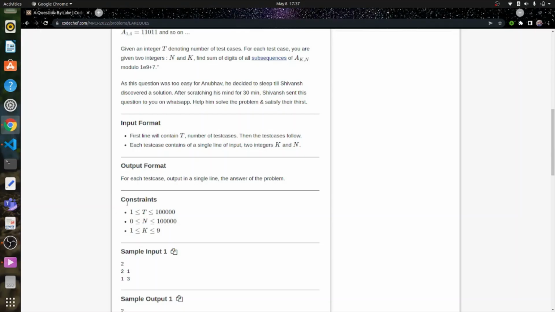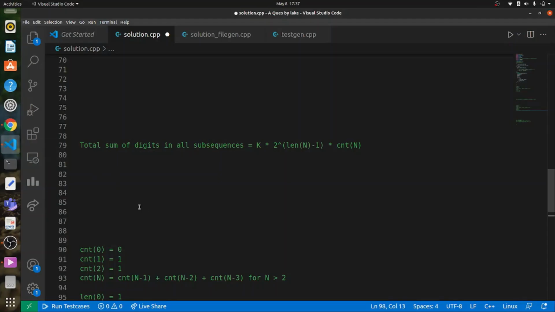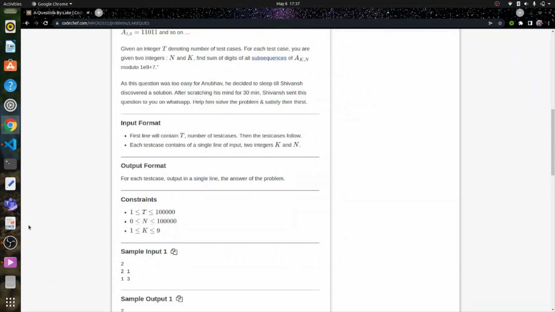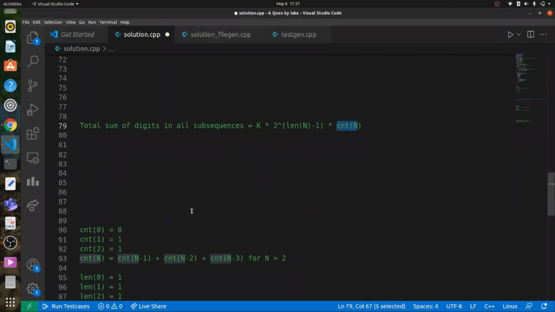Now if you notice the constraints of the problem, the number of test cases is quite high and n is also up to 1e5. So it is not possible to calculate these values for each test case. This gives a hint that we have to do some sort of pre-computation. So we can pre-compute all the values of length n and count n for all n up to 1e5, and after that use them for each test case.